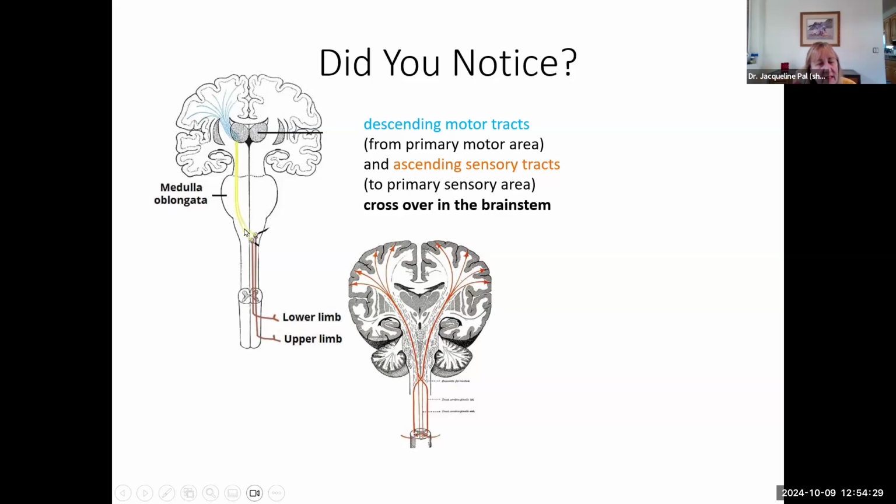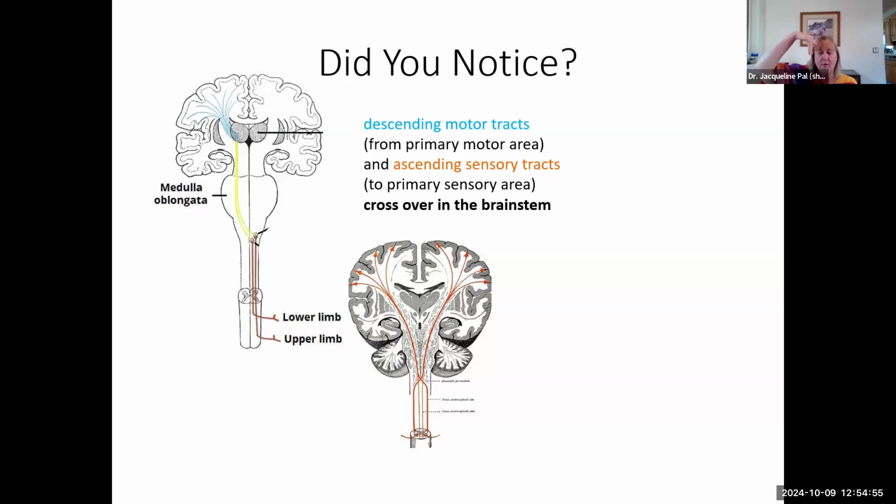When they got to the brainstem, they crossed from one side to the other side. And the ascending sensory tracts, when they got to the brainstem, they crossed from one side to the other side in the brainstem. So it didn't matter if they were coming from the right side of the body, they crossed to the left side of the brain. If they were coming from the left side of the body, they crossed to the right side of the brain.